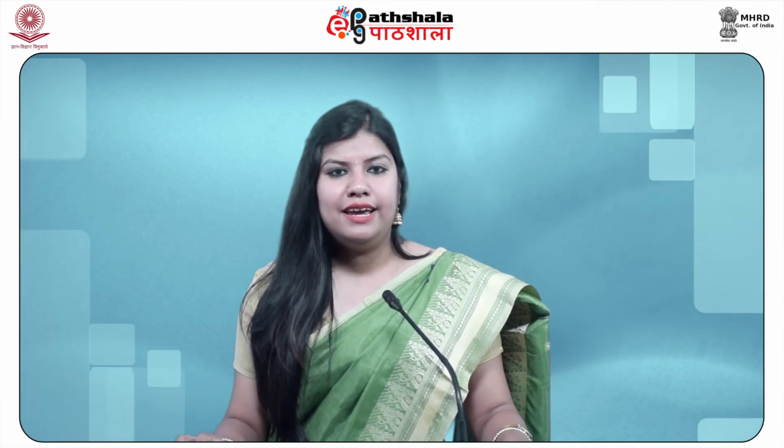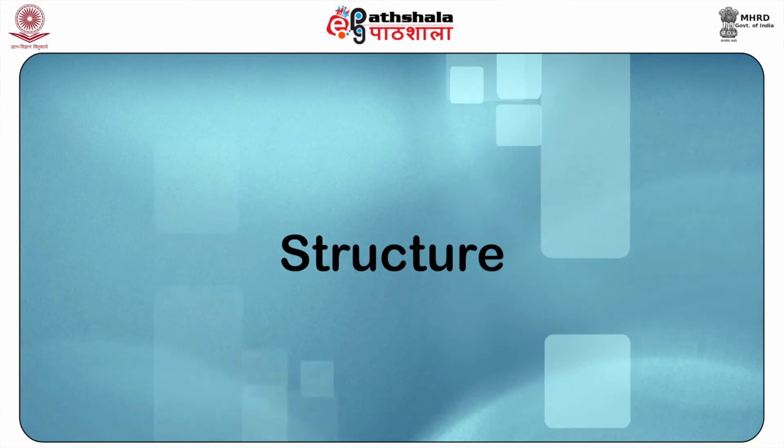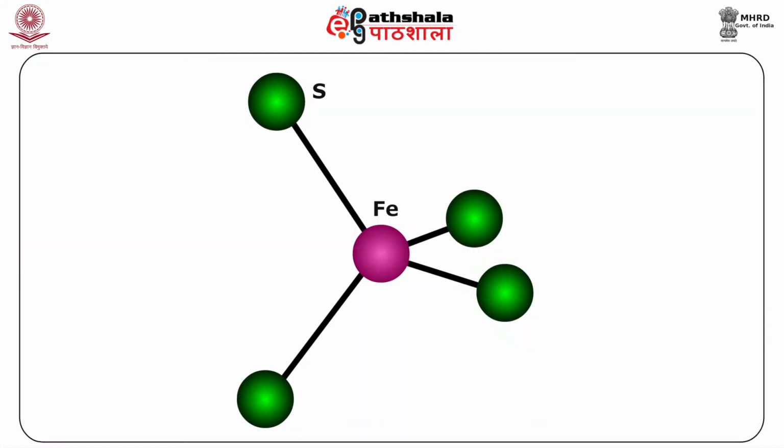Let us now study the structure of the Fe(SR)4 complex. How does it look? The structure of the FeS4 core has a D2d tetragonal symmetry compressed along the S4 axis.